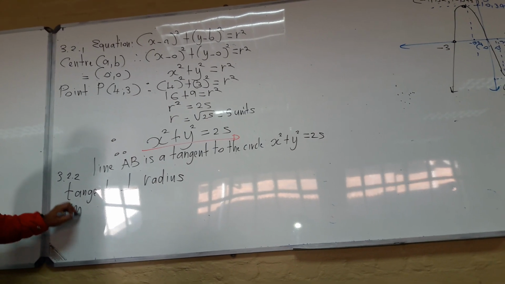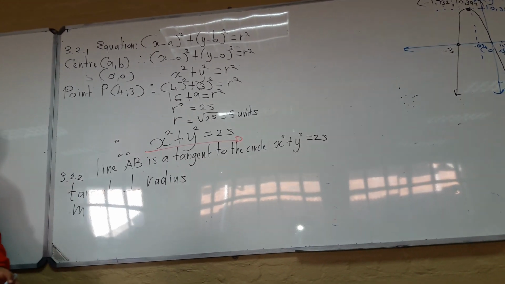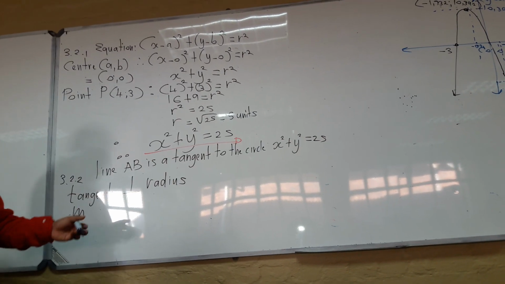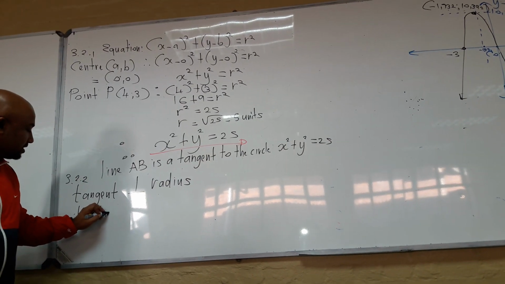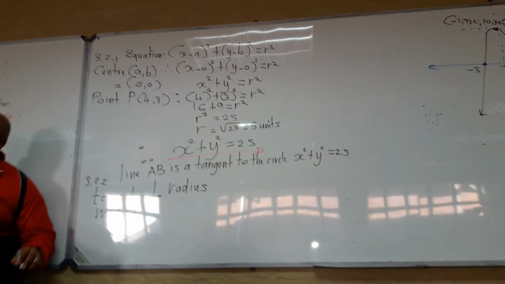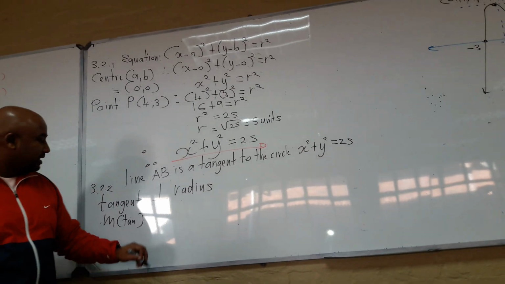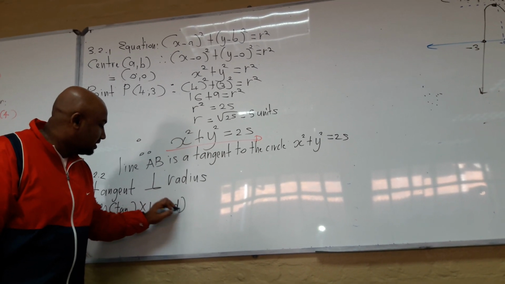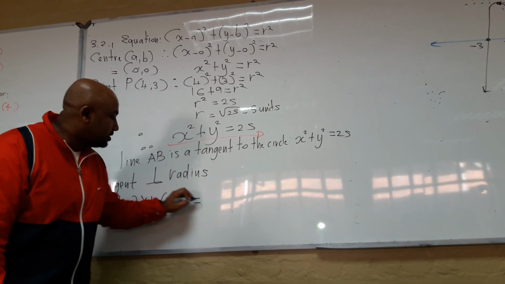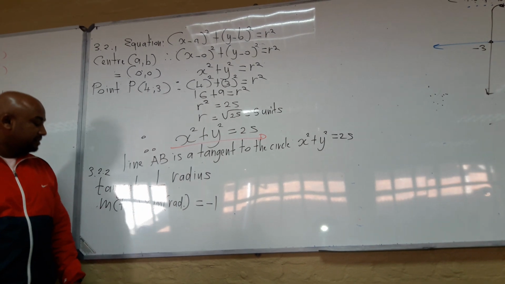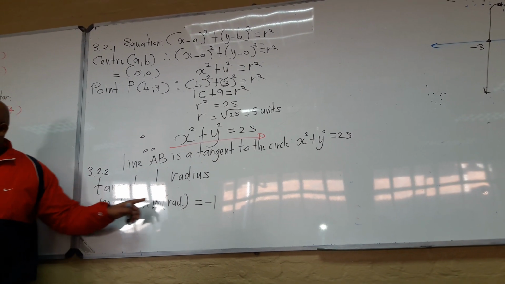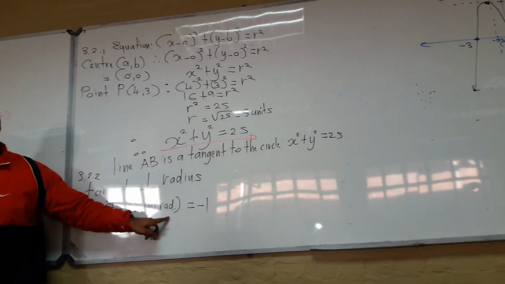Let's not call it m1 now, it's the gradient of the tangent. Let's be specific. So m tangent times m radius is equal to -1. There are two unknowns here, m tangent and m radius.